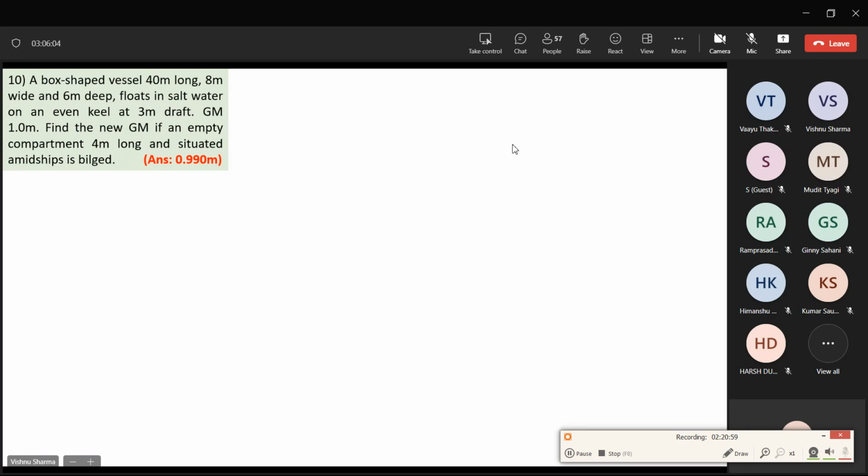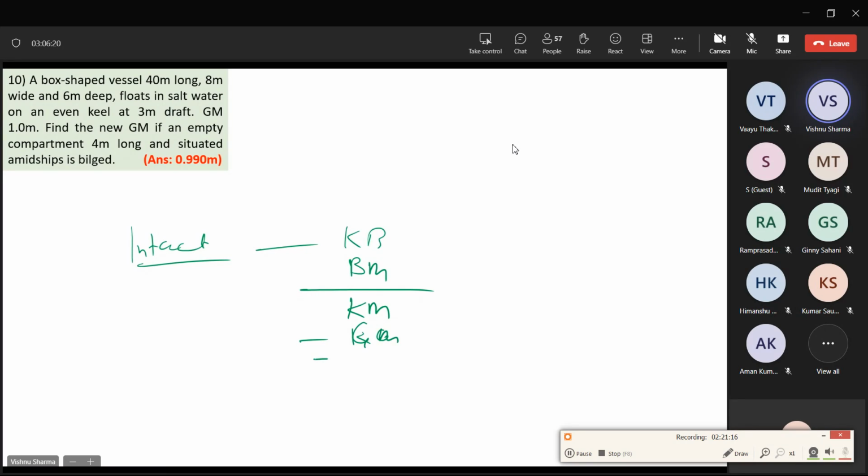Initial GM is given, so we have to calculate KG. Yes. So in the intact condition, you'll have to calculate KB, BM, get the KM. Then you will subtract GM, and that will give you the KG to be used. Is that clear, beta? Understood? Yes. So you'll have to get the KG and then proceed. That's the additional work which is there for you.